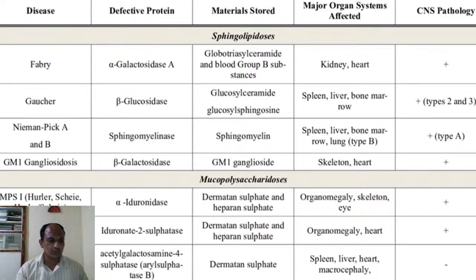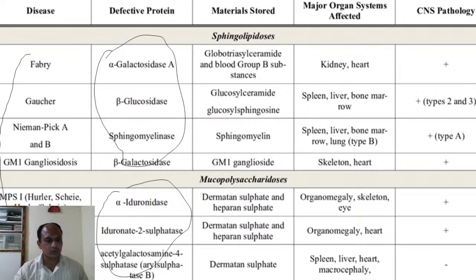So in this way, different types of enzymes are required for metabolism, but they get affected because of deficiency, and deficiency of different enzymes leads to these metabolic disorders. All these are different types of metabolic disorders caused due to the deficiency of that particular enzyme.